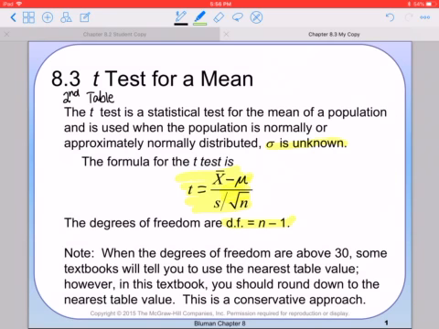And then if the sample size is above 30, you could still use this formula, and you want to just look at the nearest value. Okay, they are pretty conservative here though, so you should round down.